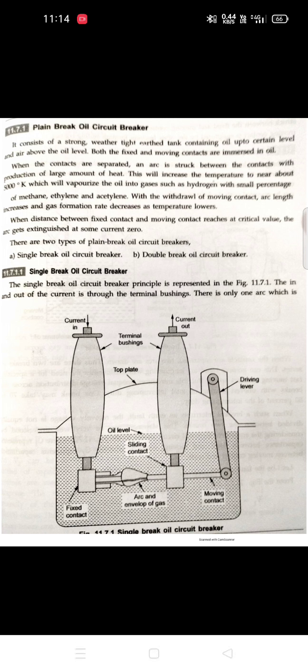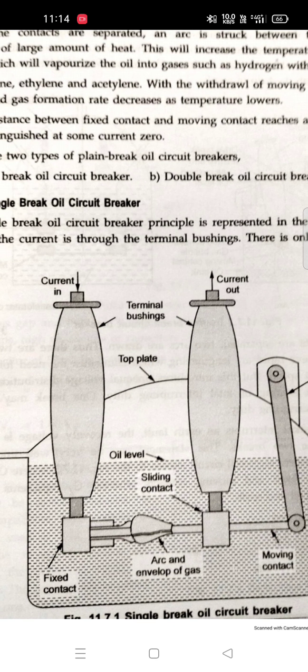Now, let's see oil circuit breaker. So the oil circuit breaker is one of the oldest types of circuit breaker, which employs oil as arc quenching medium. The contacts of the circuit breaker are separated in the oil.